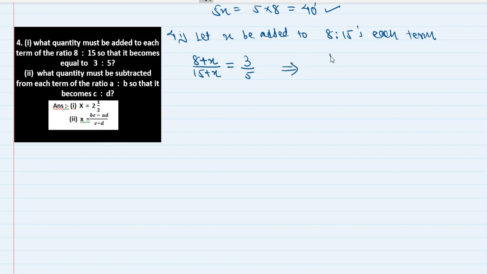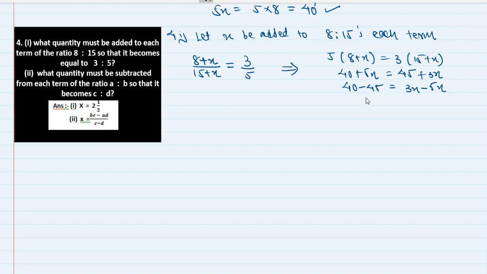So we can cross multiply: 5 bracket 8 plus x is equal to 3 bracket 15 plus x, which is 40 plus 5x is equal to 45 plus 3x. So 40 minus 45 is equal to 3x minus 5x.